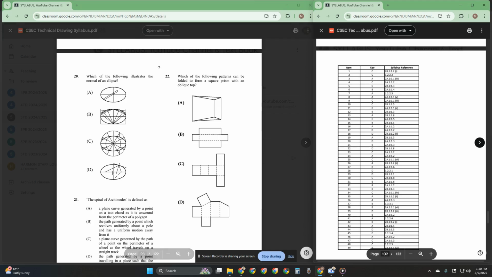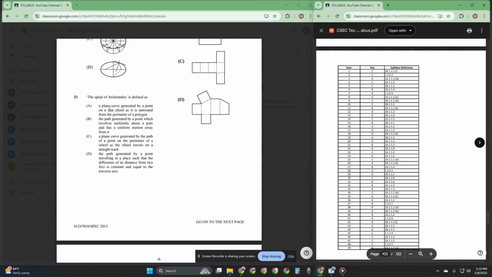So you have some ellipses here. Number 20, they say it's D. And the normal would be perpendicular to the tangent. So yeah, correct, D.